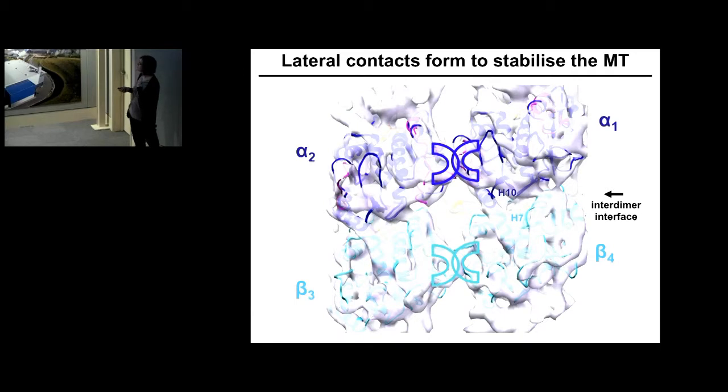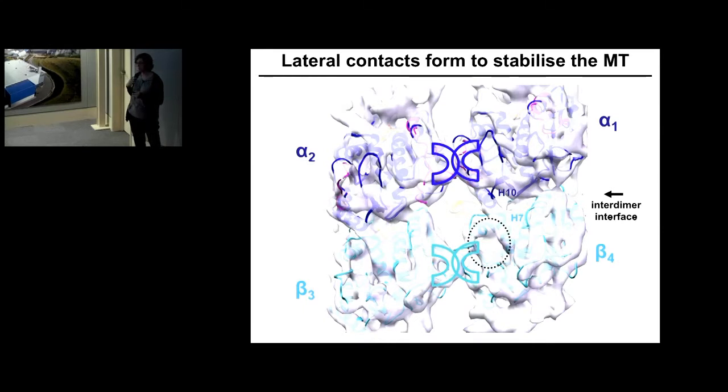But what was very interesting for us when we first saw this structure was that these are microtubules stabilized only by Doublecortin and not, for example, in the presence of the stabilizing drug Taxol. But we can see that the pocket where Taxol would bind actually exists in this structure.